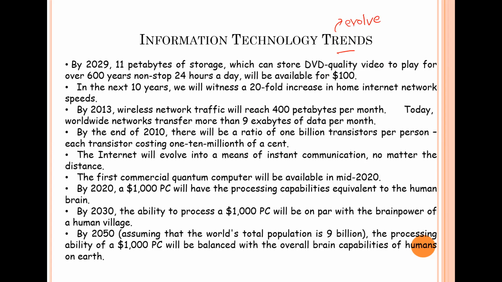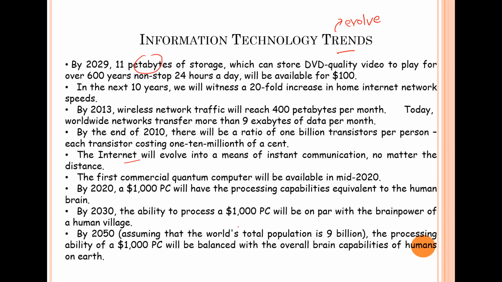Here in 2029, there is petabyte storage. The size of storage is getting bigger and bigger. We all know the previous storage was only in a smaller size, and the internet is also evolving. It's getting faster and faster to do the communication.